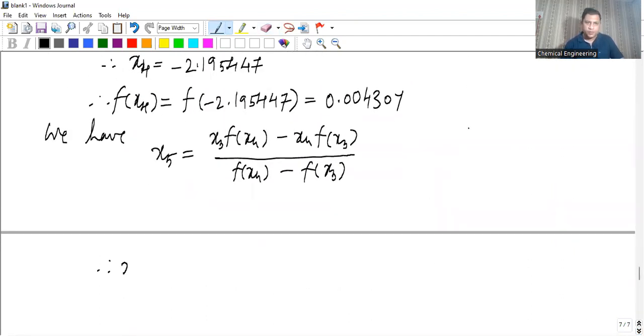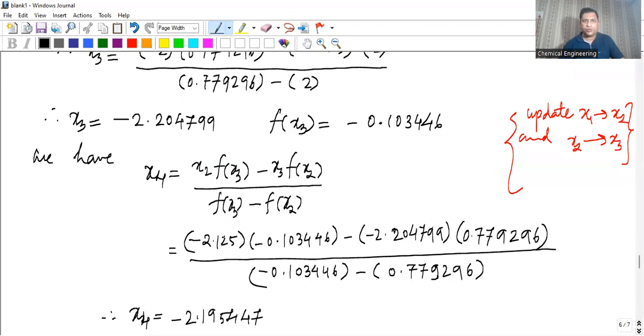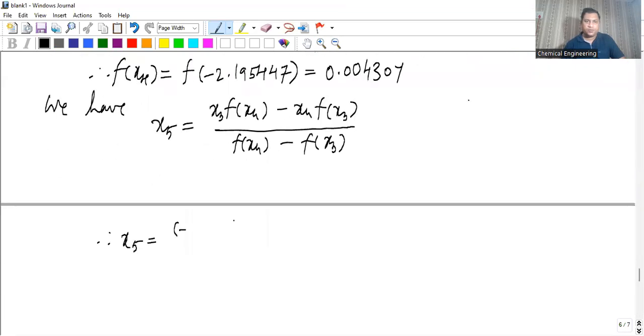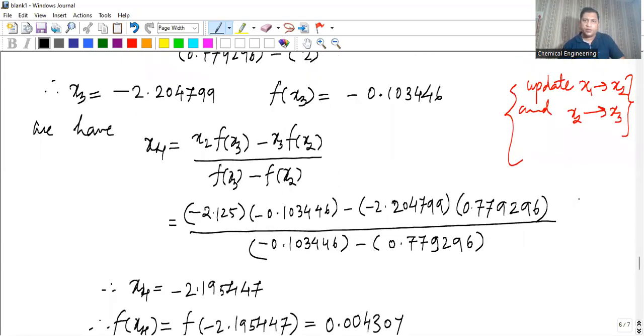Okay, so we can write x5 is equal to x3, which is minus 2.204799, minus 2.204799 into f of x4, 0.004307, minus this x4, so minus 2.195447 and f of x3, so minus 0.103446, what we obtained here.